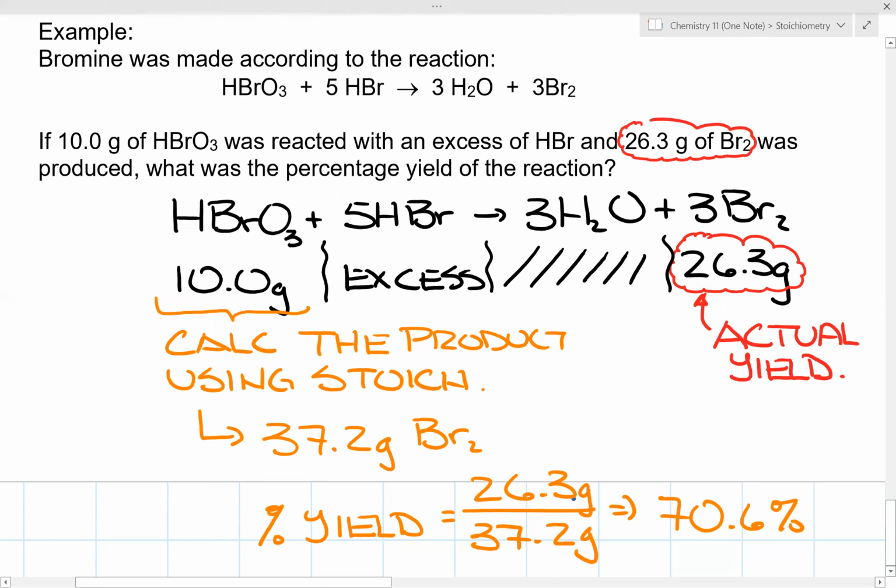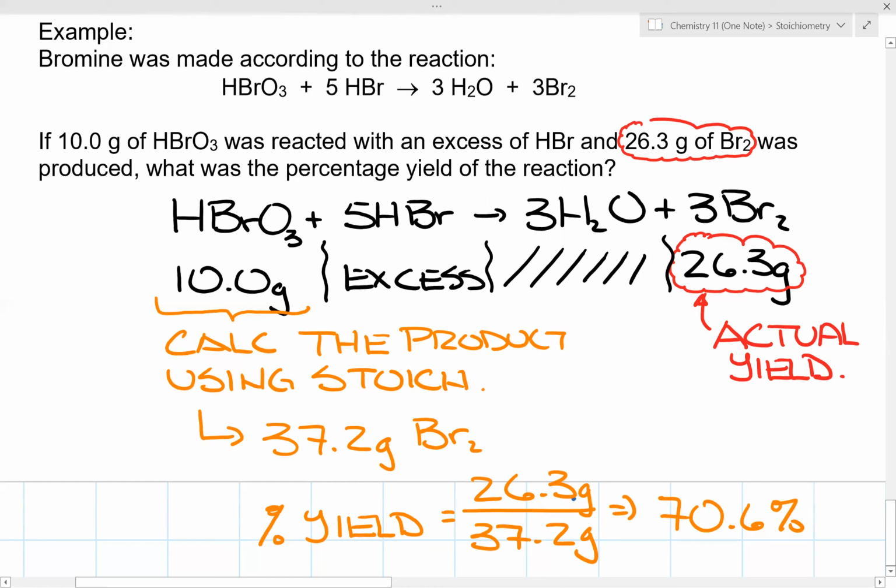I could be really tricky and give you an actual value for HBr, and what you would need to do is calculate the limiting reactant first before you can do the calculations. But for this example, I've given you the excess, so you know you only need to focus on one reactant.